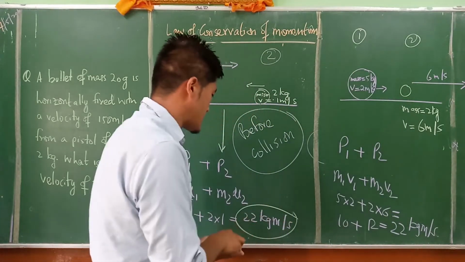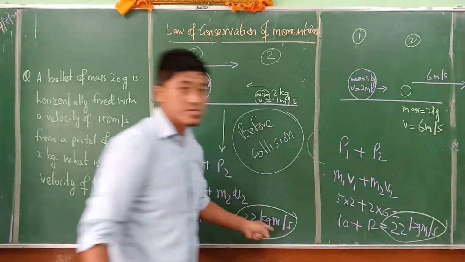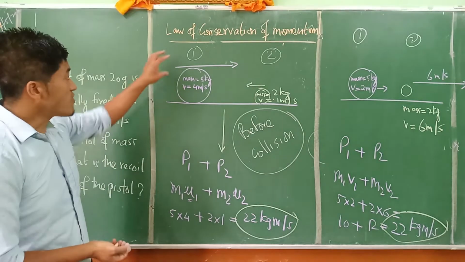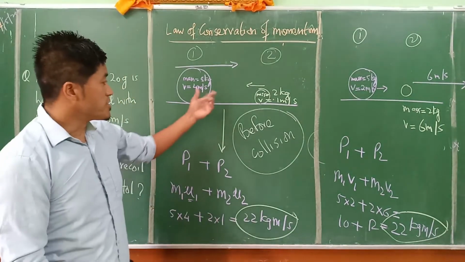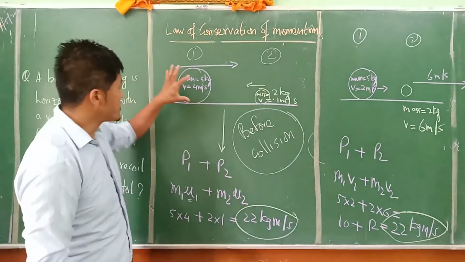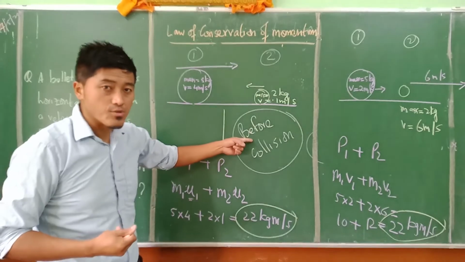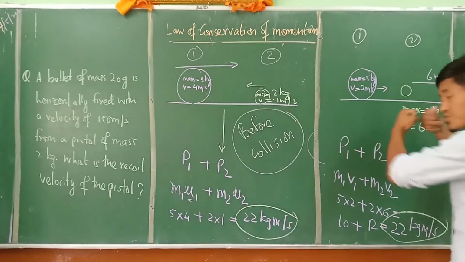So now do you see that this momentum and this momentum are both the same? The law of conservation of momentum says that the total momentum of two objects, the momentum of this object and that object summed up, before collision is equal to the total momentum of two objects after collision.